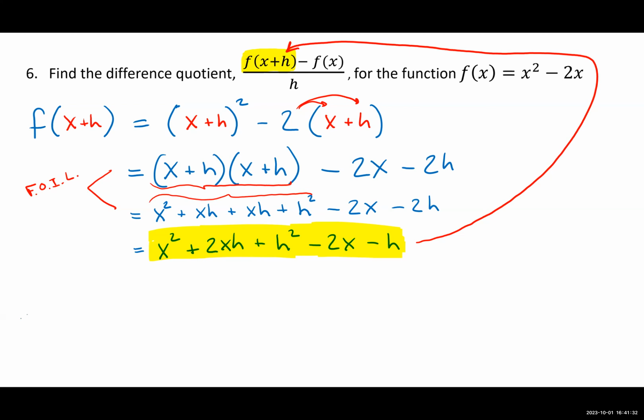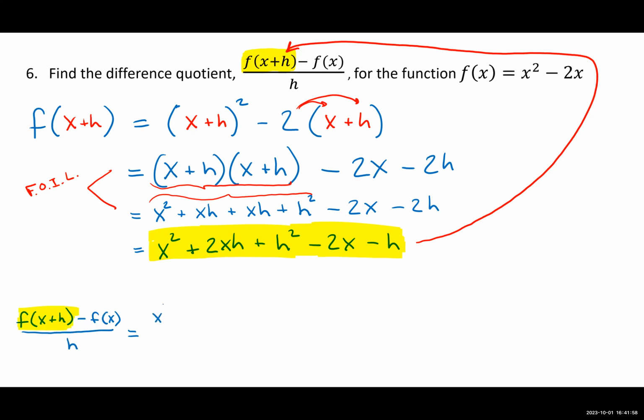And now that we have that, we could say f of x plus h minus f of x, all over h, this is the difference quotient, is equal to what we have in yellow. Remember, that's just that part of it.